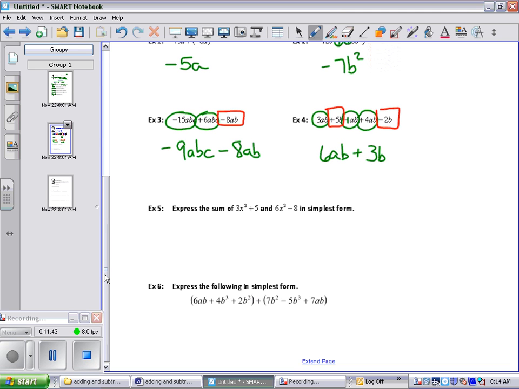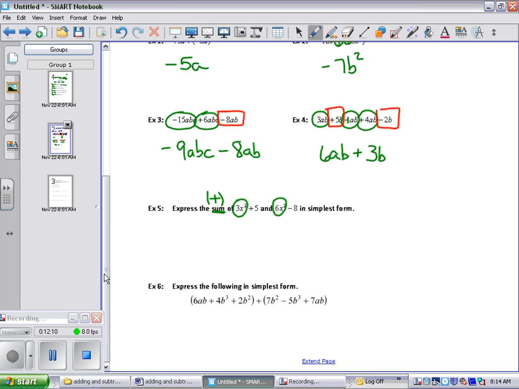Number 5. Okay, let's look at number 5. Express the sum. What does sum mean? Who remembers? Sum means to add. So we're just adding what we have here. So what can I put together? My 3x squared. What's that the same as? Where do I see an x squared? Right here. So those go together.